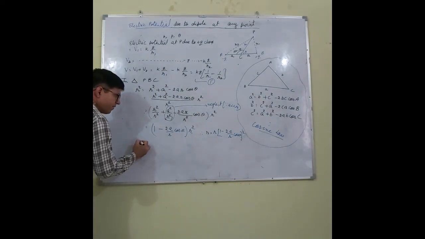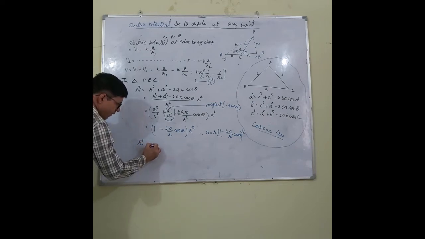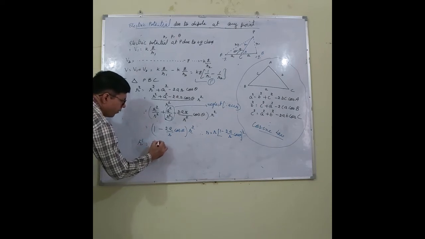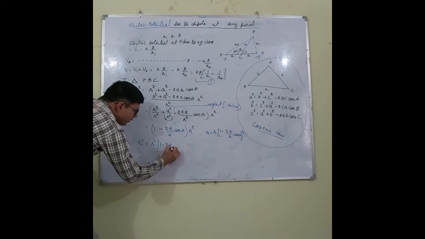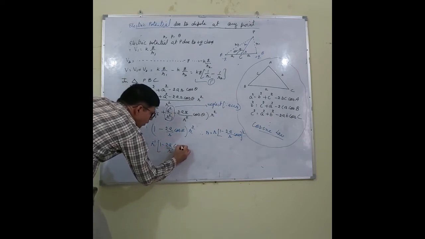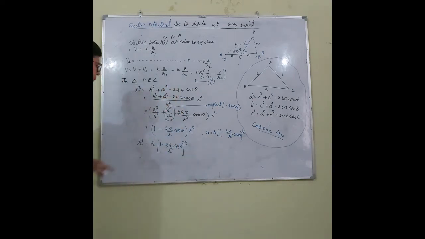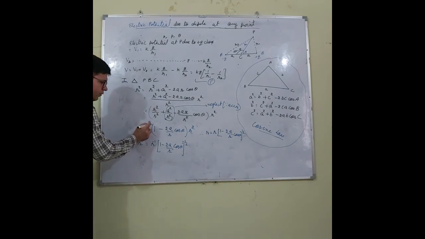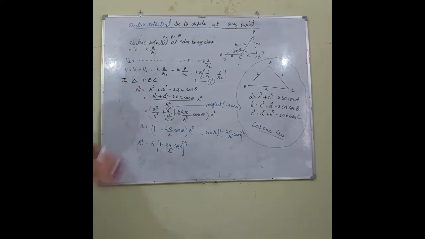So R1 is R times 1 minus 2A by R cos theta, to the power half. If I say what is 1 by R1, it is R to the power minus 1 times 1 minus 2A by R cos theta to the power minus half, because I have to take the inverse of all the terms.